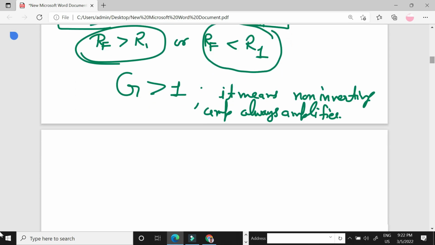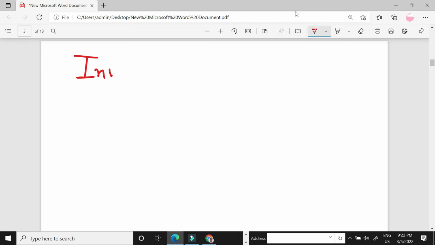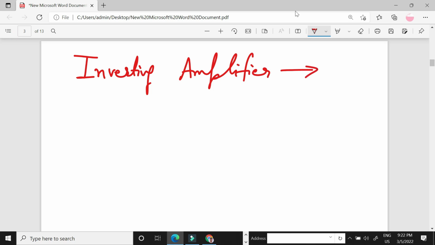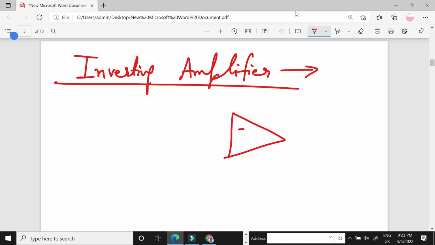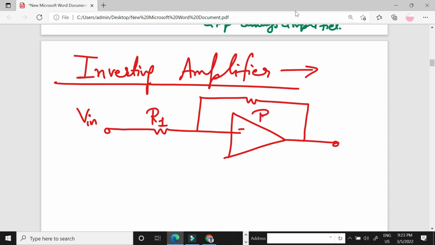Now we will see the inverting amplifier. In case of inverting amplifier, let's first draw the inverting amplifier. Now the voltage is given to the negative terminal. So this is R1 and this is RF and this is the output and positive is grounded.